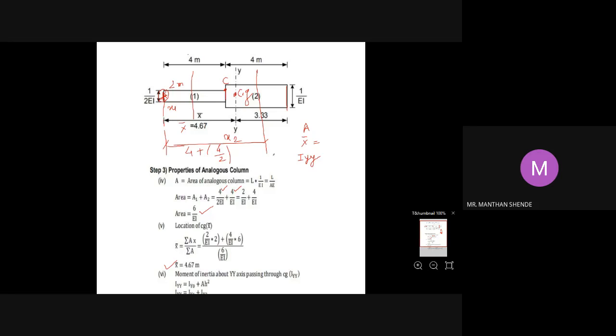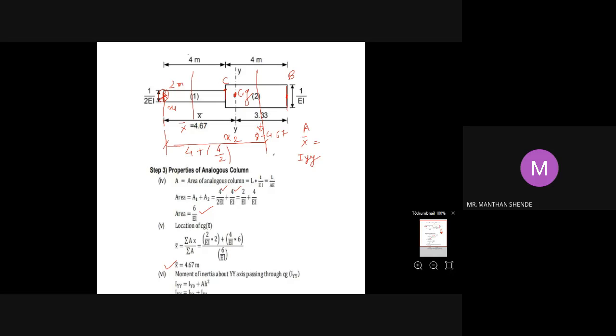From A, the CG of the given section is 4.67, and from B, which is your end point, the total is 8, so 8 minus 4.67 gives you 3.33. So A is located 4.67 from the YY axis, which is always X bar, and B will be total length minus X bar, that is 3.33.